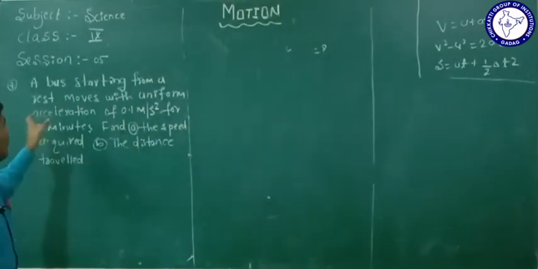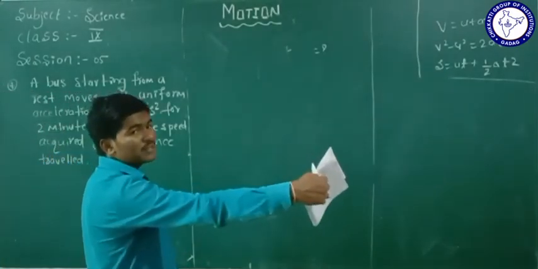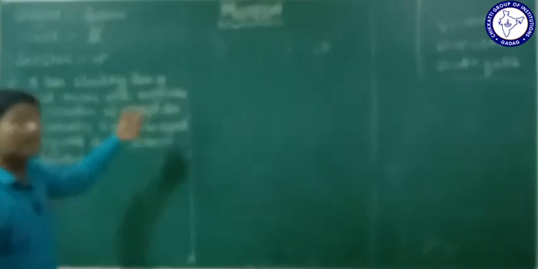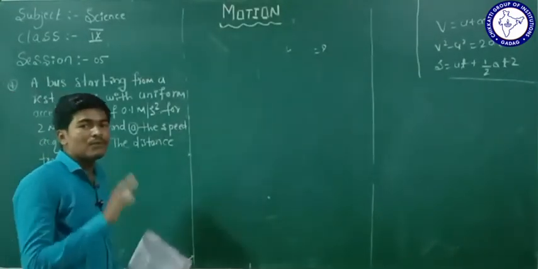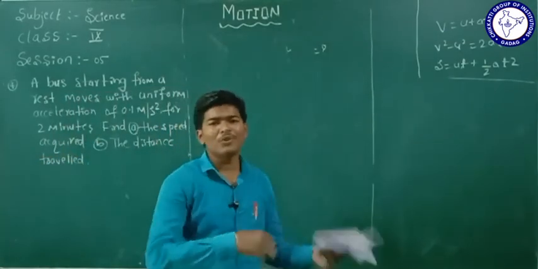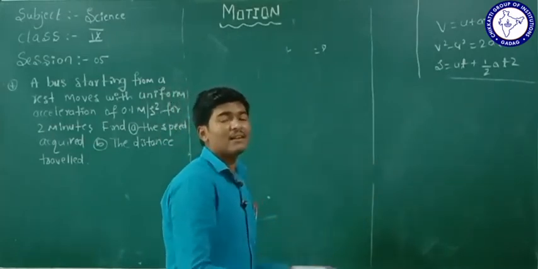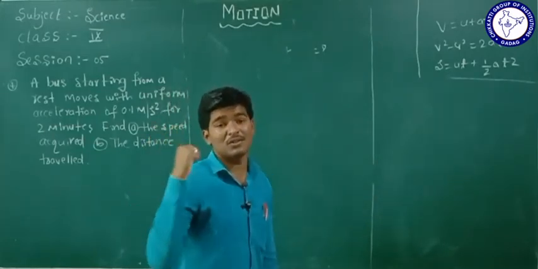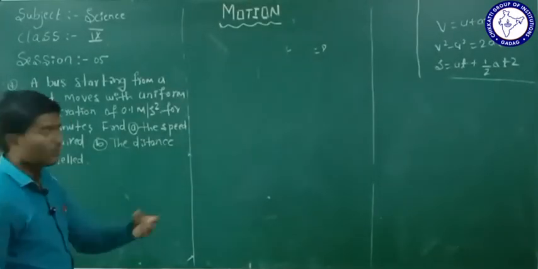The bus moves with the uniform acceleration of 0.1 meter per second square, and in 2 minutes we have to find the speed acquired. After 2 minutes, with how much speed the bus will go, that is the final velocity v is equal to what, and also the distance travelled s is equal to what.